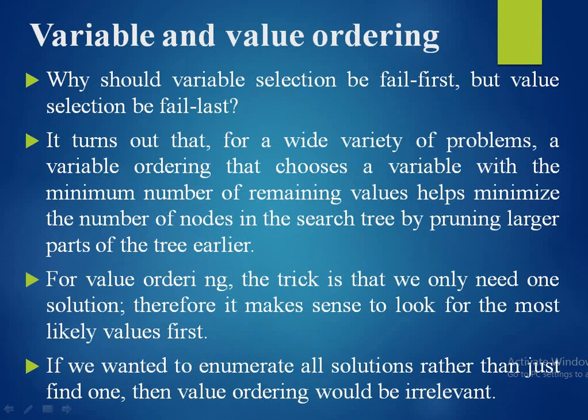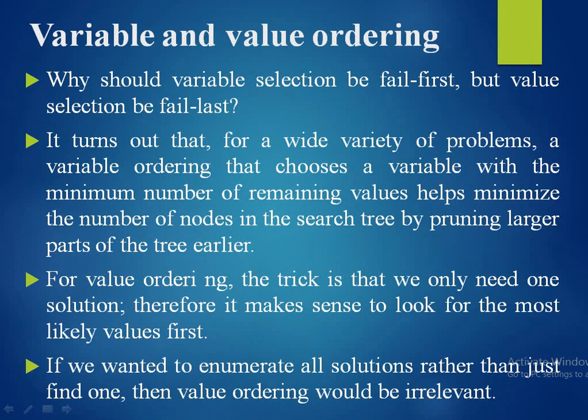Why should variable selection be fail-first but value selection be fail-last? It turns out that for a wide variety of problems, a variable ordering that chooses a variable with the minimum number of remaining values helps minimize the number of nodes in the search tree by pruning larger parts of the tree earlier.